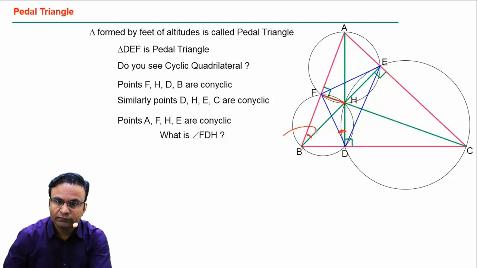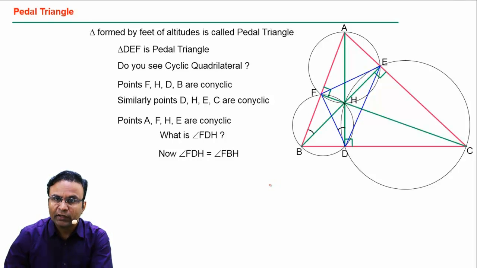Now what is this angle? This angle is 90 minus A. So this angle is also 90 minus A, because we know that a chord of a circle subtends the same angle at different points of the circle. So angle FDH is equal to angle FBH. Angle FBH is 90 minus A. So angle FDH is also 90 minus A.